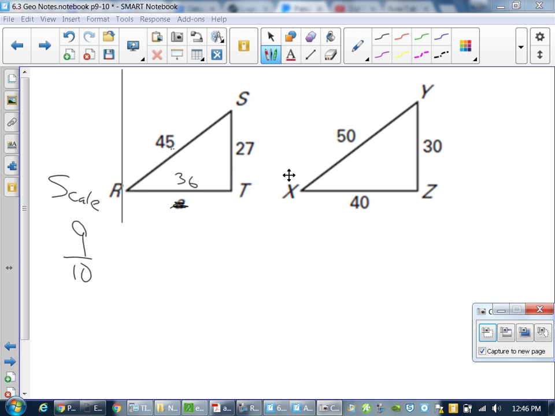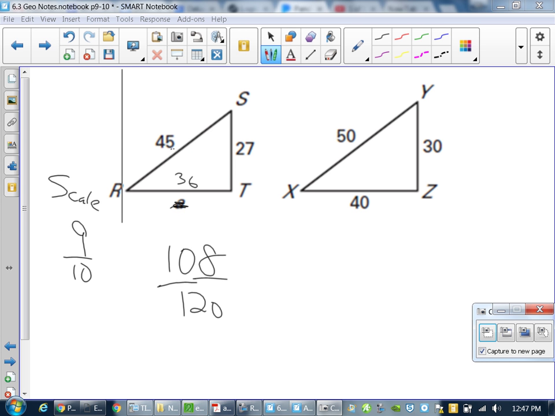What's 45, 36, and 27 when you add that up? So the perimeter of the triangle is 108. What's the perimeter of the one on the right? 30, 50, and 40 adds up to equal 120. What does 108 over 120 simplify to be?